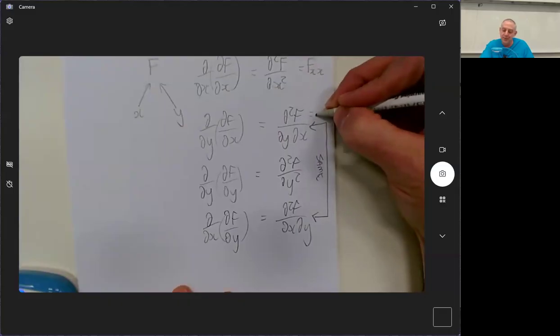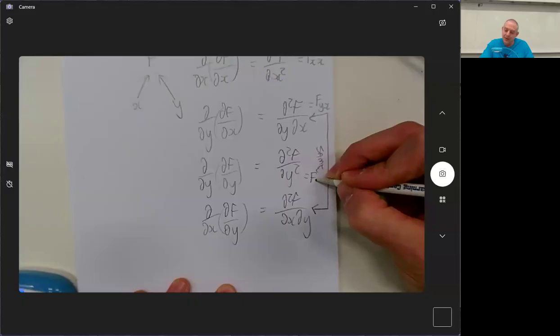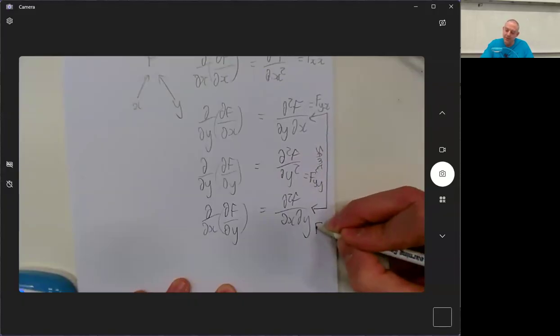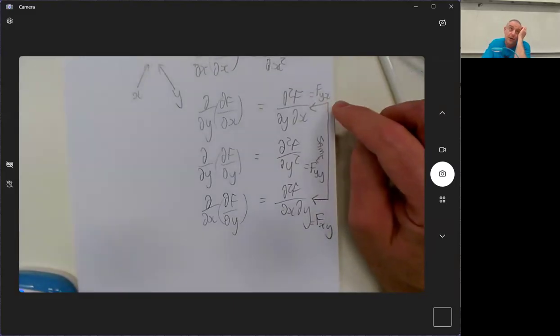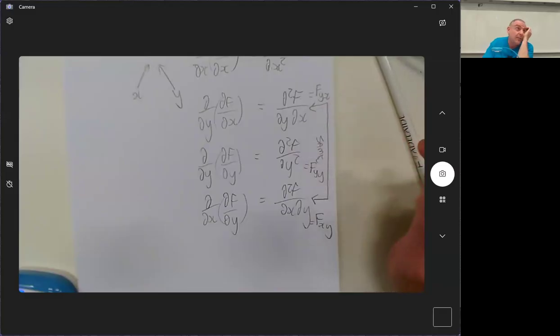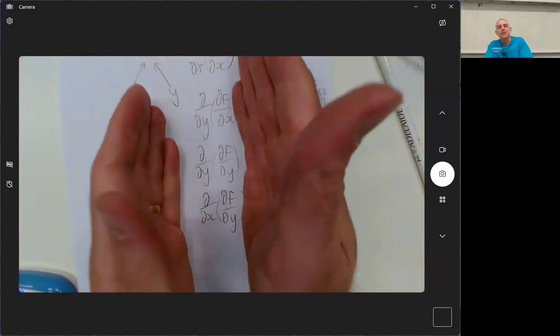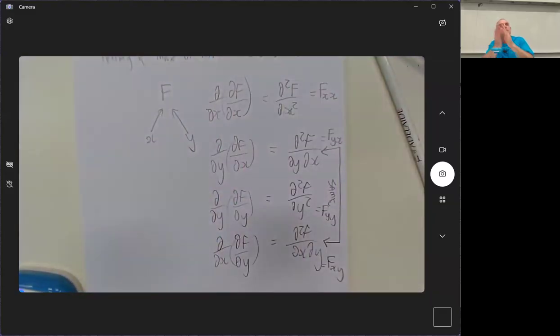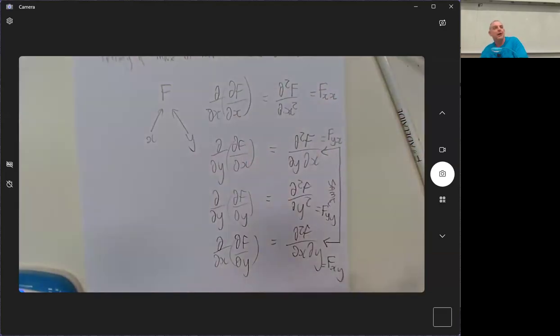And this one is f yx, and this one is f yy, and this one is f xy. Again, it does technically matter which order they're in, but the answer comes out the same anyway, so it doesn't matter. But when you're doing d on dx's, the new ones go on the left, and when you're doing subscripts like this, the new ones go on the right.